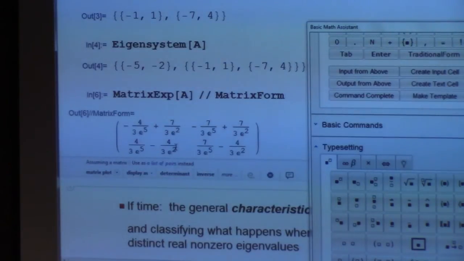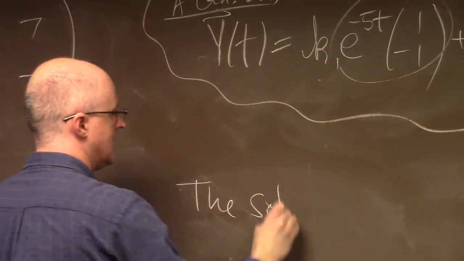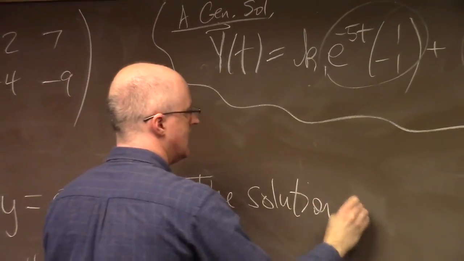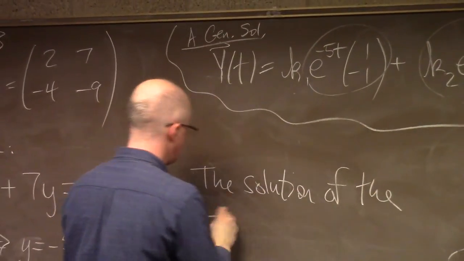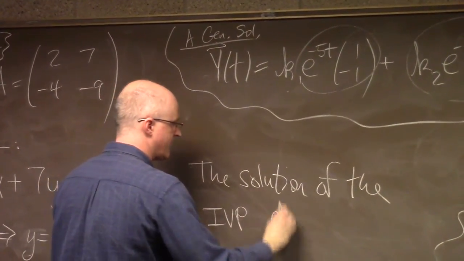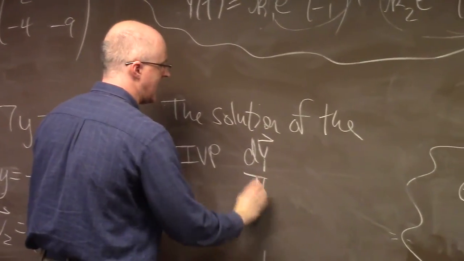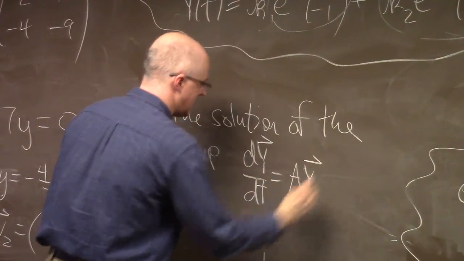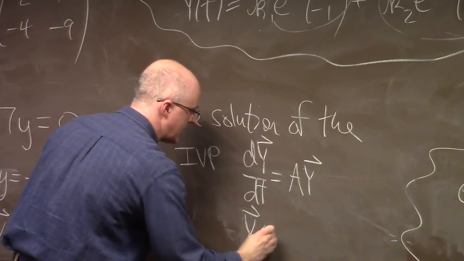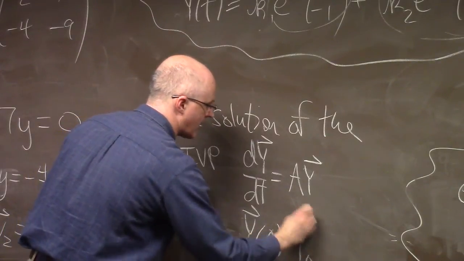What do you need to know about this? First thing you need to know is that the solution of the IVP written in vector form, dy/dt equals A times y, and y of 0 equals y sub 0.